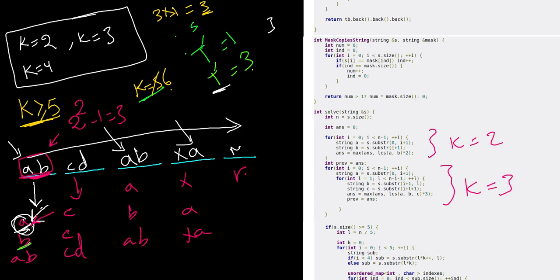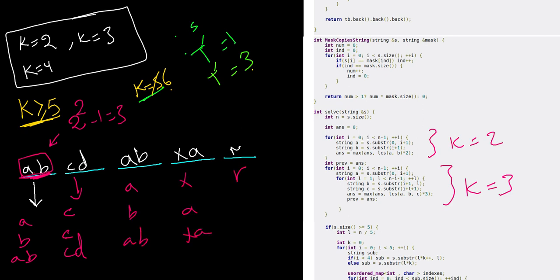Now we need to try for B. Here we have B, we have 2 copies multiplied by 1, so the solution is better. Then we need to try for AB. Here we have AB, then here we have AB, then that's it. We have 2 copies multiplied by the length of the copy, 2 equal 4, so this is better than 3.